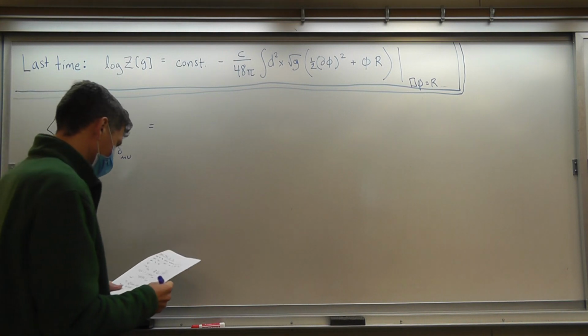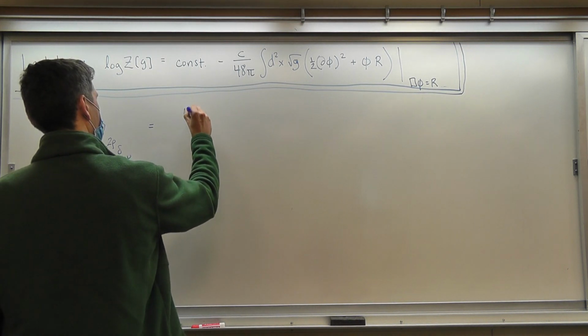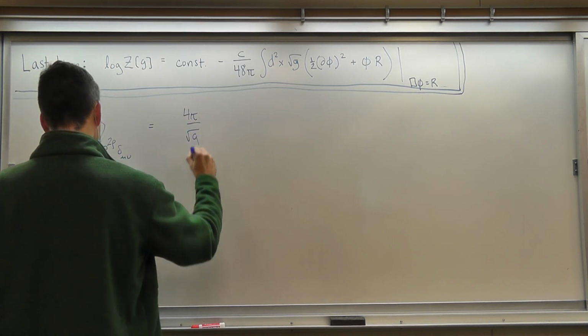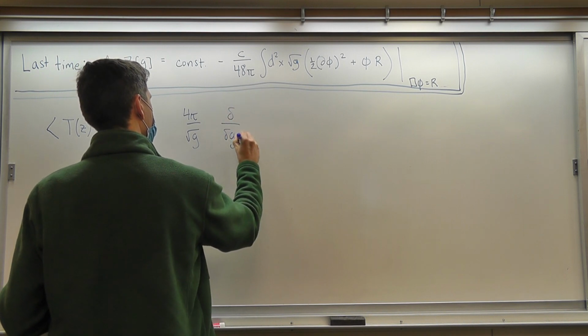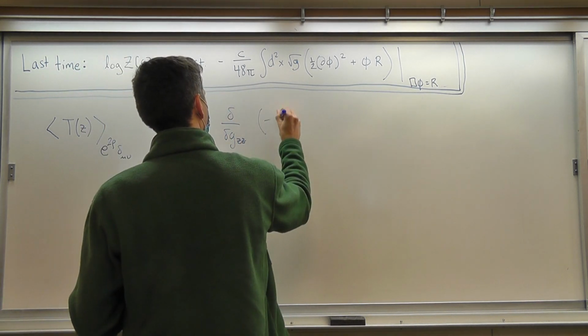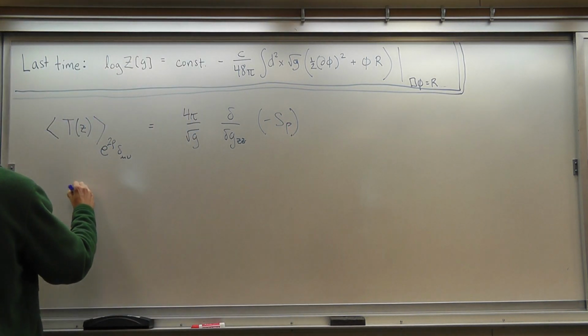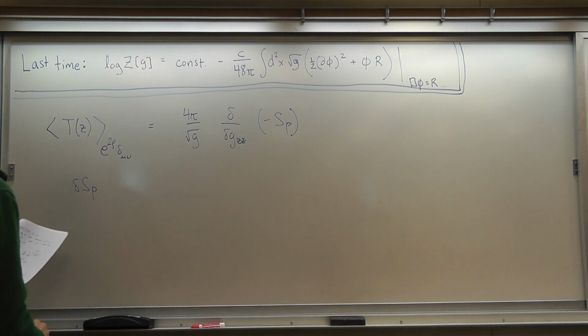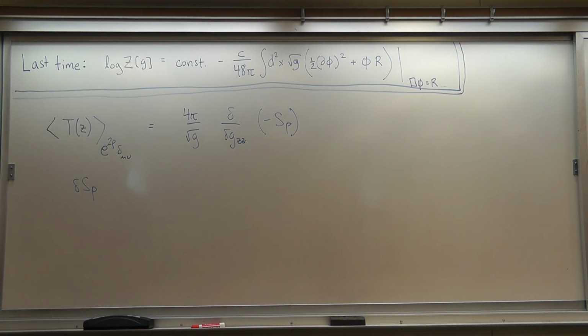So this is 4 pi over root g, delta g z z of minus S_P, where S_P is the Polyakov anomaly action.